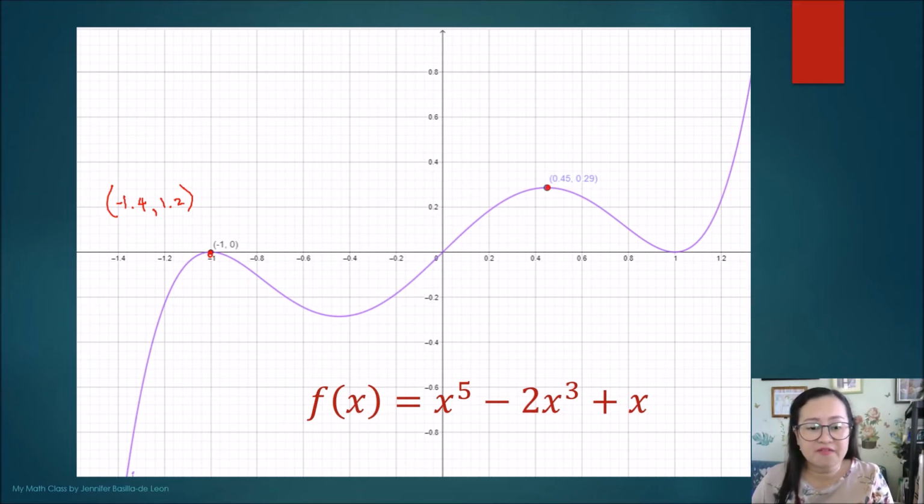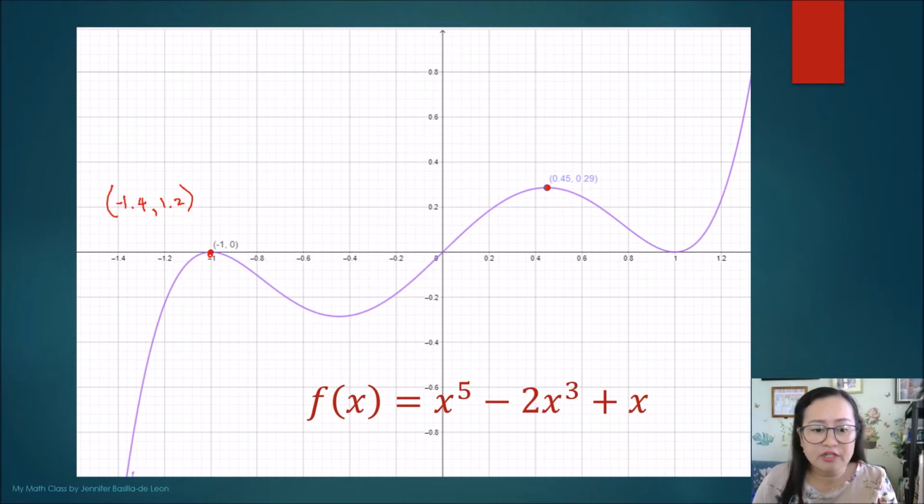This means that to be considered a relative maximum point, that point may not be the highest point on the graph. As long as that point is higher than the points adjacent to it, then it is considered a relative maximum point.